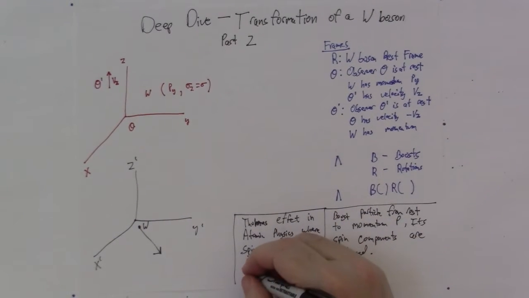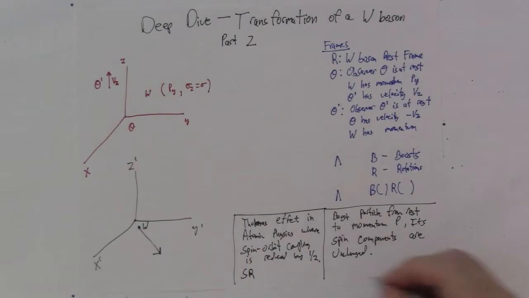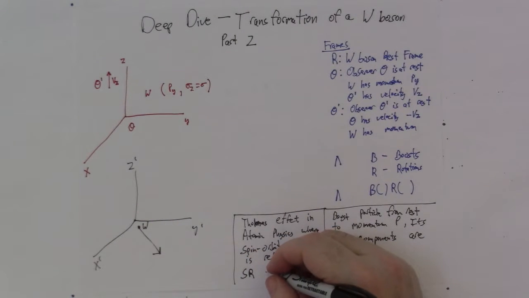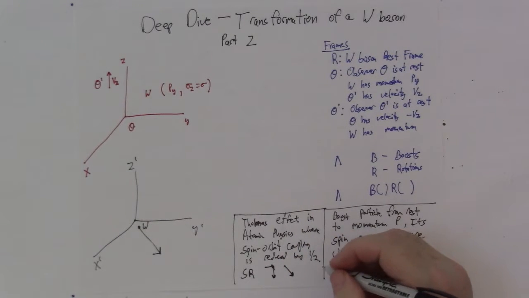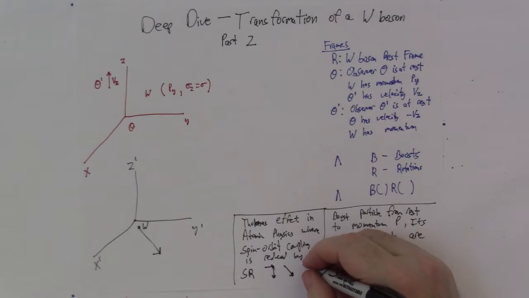And this factor comes from special relativity. Because it turns out, as you know if you've studied this, a boost in one direction followed by a boost in another direction is not just a boost in the resultant velocity, there's also an additional rotation.